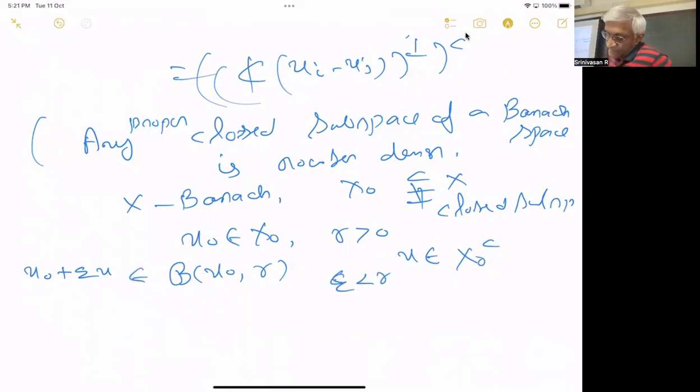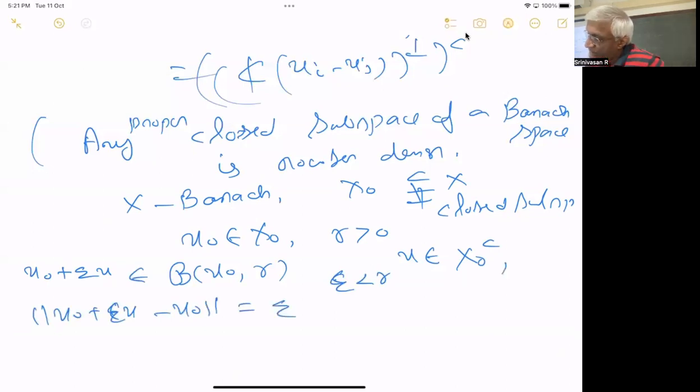Then this is in that ball, right? Because u naught plus epsilon u minus u naught is equal to epsilon u. Say you take a u such that norm u equals 1. Then the norm of epsilon times u is epsilon, which is less than r.